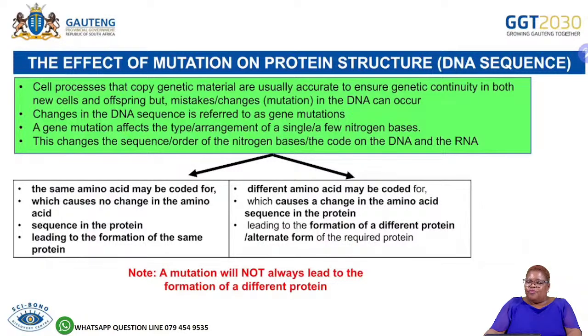Effect of mutation on protein synthesis. Now you can ask yourself, what is mutation? Here we are saying gene mutation is the change in the DNA sequence. Remember when we started in our last session, we mentioned that the DNA is a double helix. The DNA is made up of what?